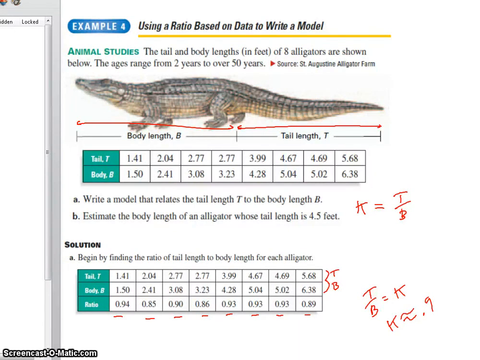Okay, so with that information, 0.9, estimate the body length of an alligator whose tail length is 4.5 feet.